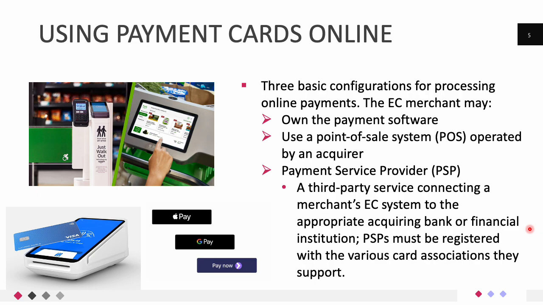And then hire a middleman, a PSP, payment service provider. We use a service like Stripe or PayPal. They connect your shop to any bank, handle security, and even support Visa or MasterCard.